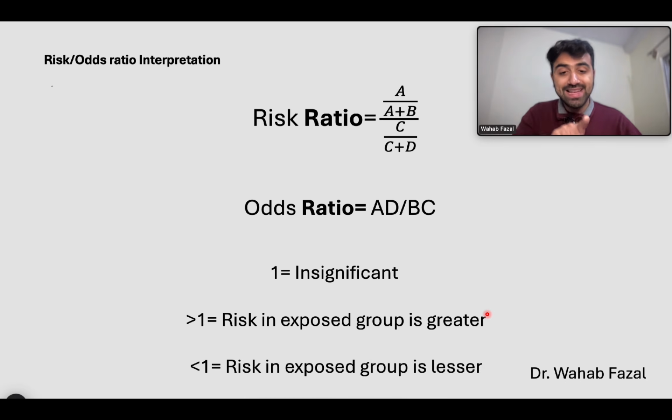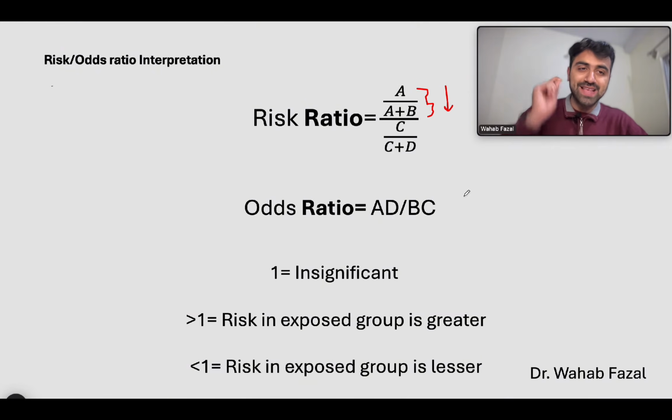Similarly, when the value is less than 1, that means that the risk in the exposed group is actually less. How is that possible? This is possible when the exposure is somehow protecting you from developing the outcome.